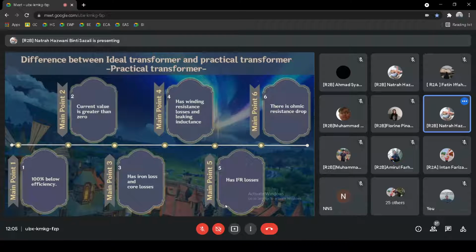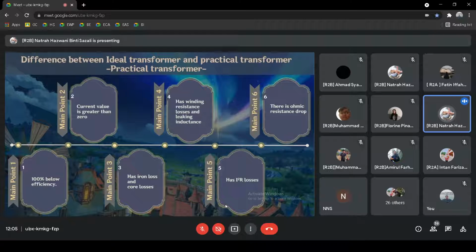For the next one, the current value is greater than zero. This point has three factors for why the current value is greater than zero: the first is magnetizing current, the second is iron loss, and the last one is core loss.